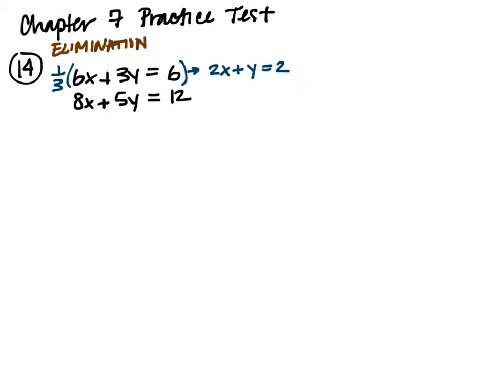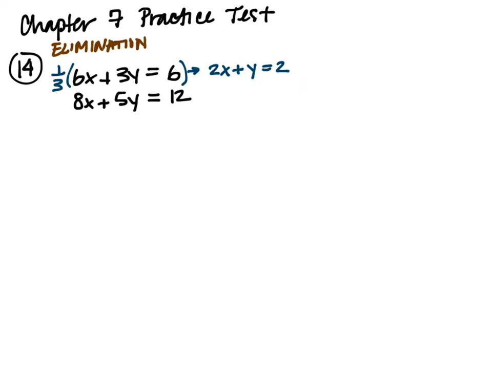Now from there, I can take a look at my next equation of 8x plus 5y equals 12 and see if there's an easy way to work through that. Now in doing this, I sort of made this a little bit harder in the case that I can't divide 8, 5, and 2. There's no common factor amongst those.